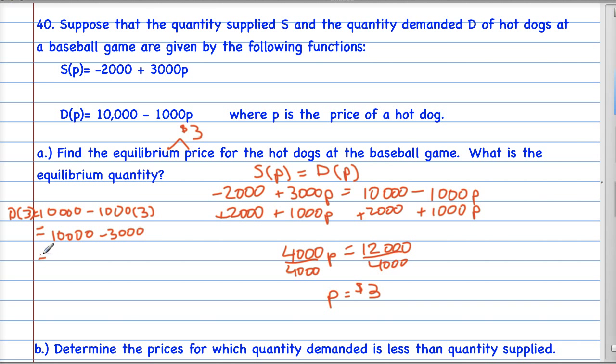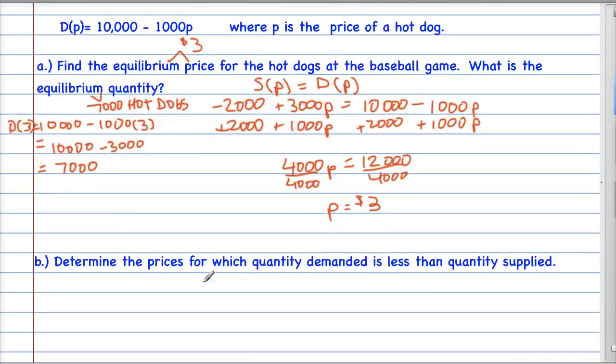And so my equilibrium quantity is 7,000 hot dogs. So when we make 7,000 hot dogs at the baseball stadium, we're selling them for $3. That is exactly where supply and demand meet. So we won't have any hot dogs left over, and we won't have overcharged.